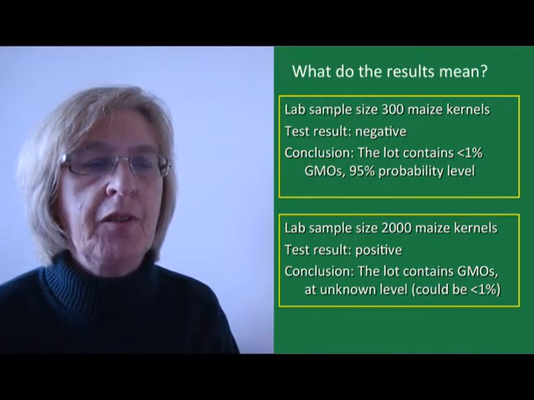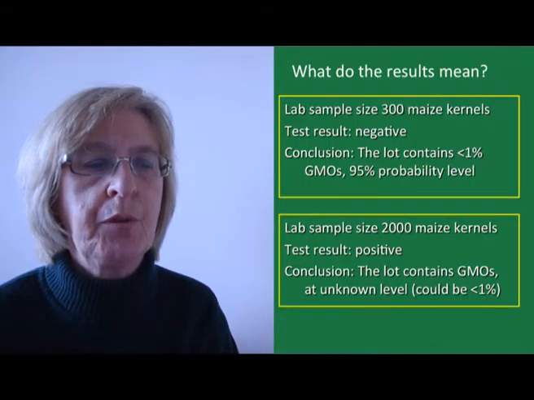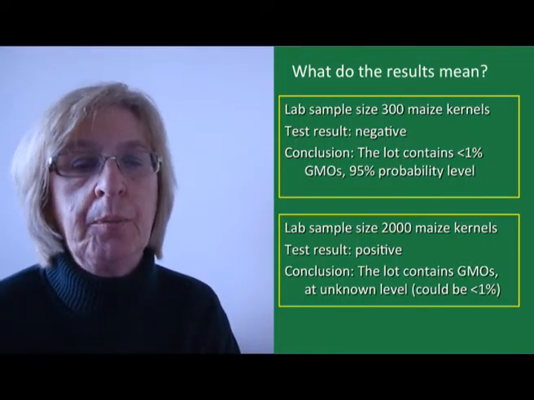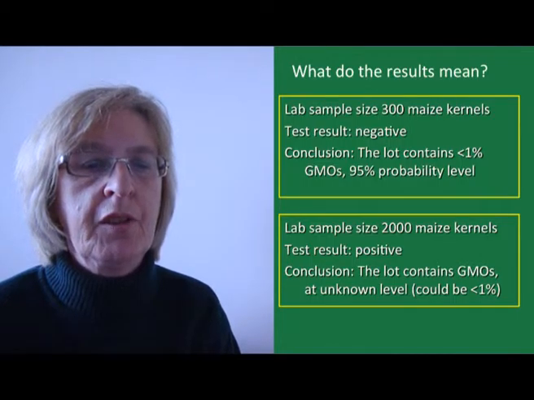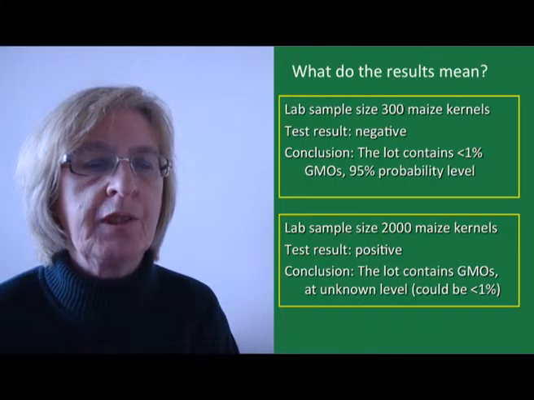Conversely, depending on the test you carried out, you might get a positive result from a sample size of 2,000 kernels, which could tell you that the lot contains GMOs, but at an unknown level, so it could be less than 1%. This would require further quantitative analysis to determine the actual content at any designated probability level.